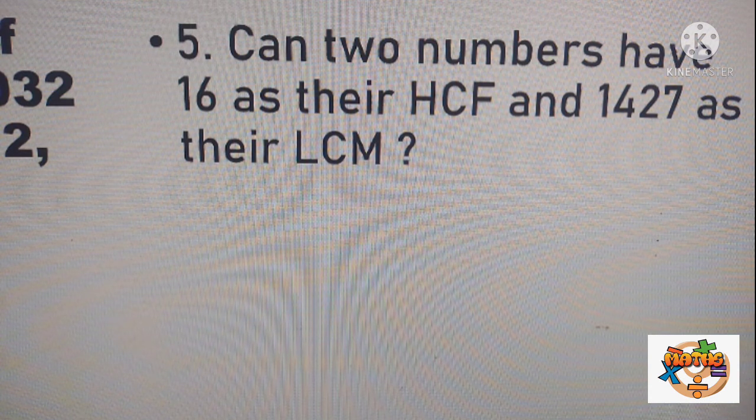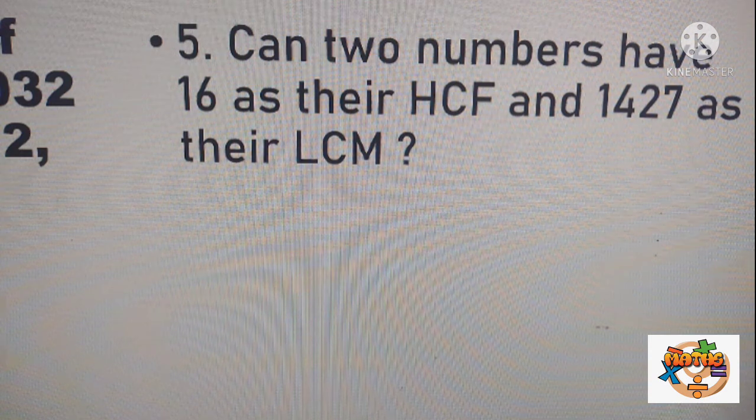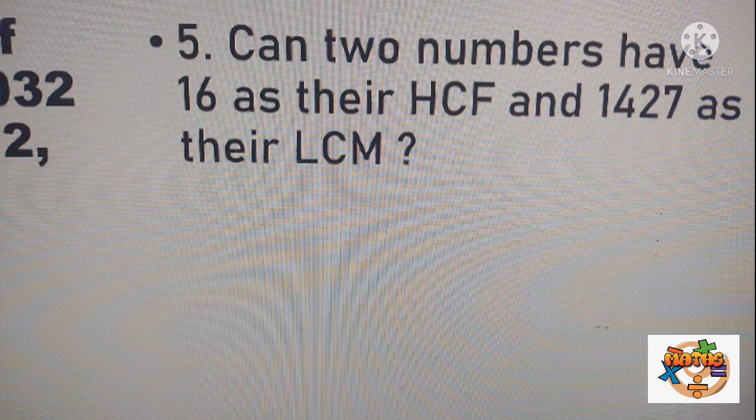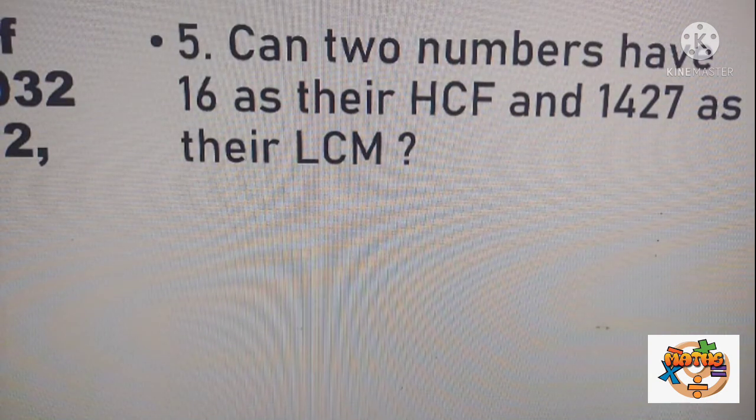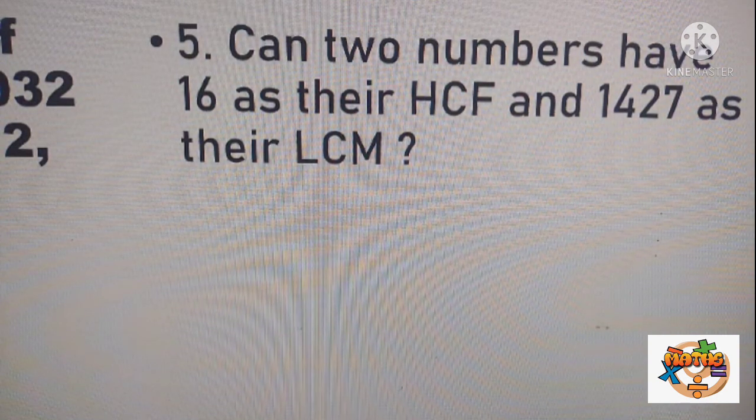So here the LCM is 1427 and the HCF is 16. When you will divide the LCM by HCF, you will find that 1427 is not exactly divisible by 16. Okay, it is not completely divisible.